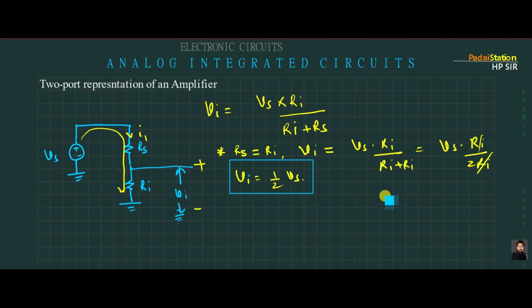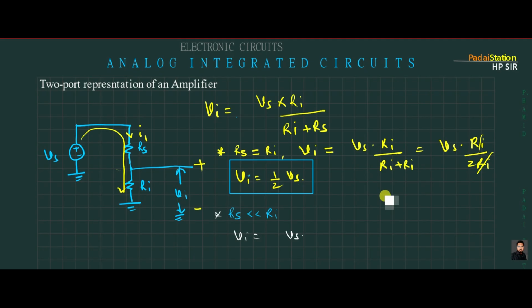What is the effect of this? Vi equal to Vs into Ri, this one, so it depends upon the value of Ri. If Ri is more, this quantity will be more.